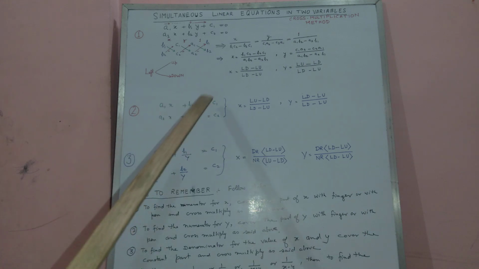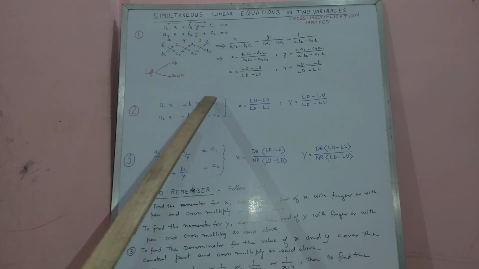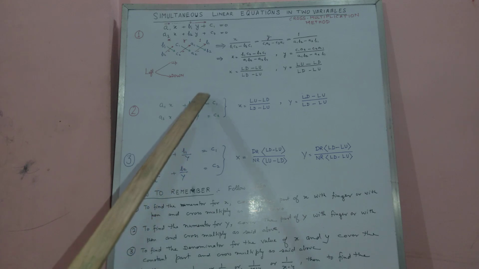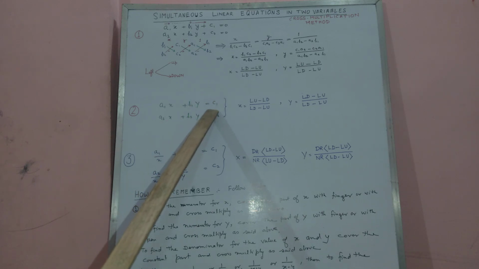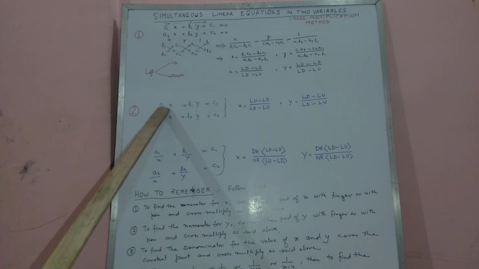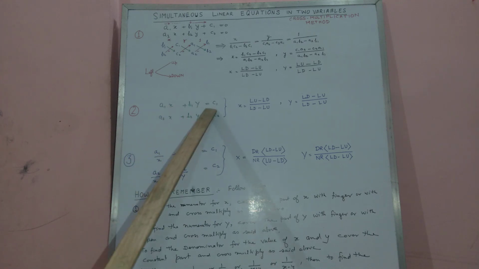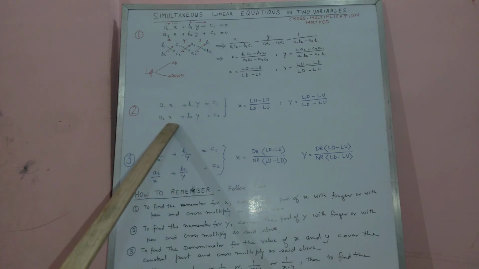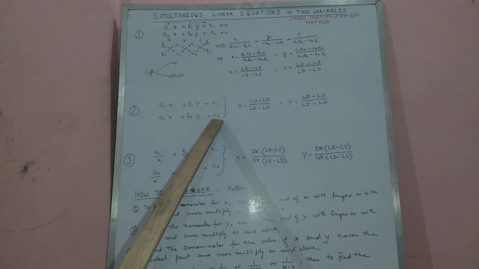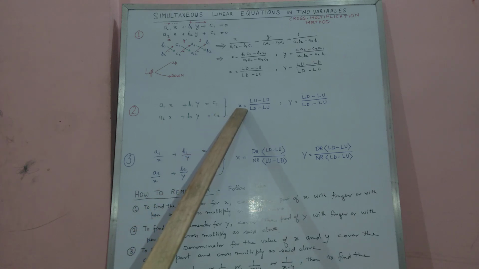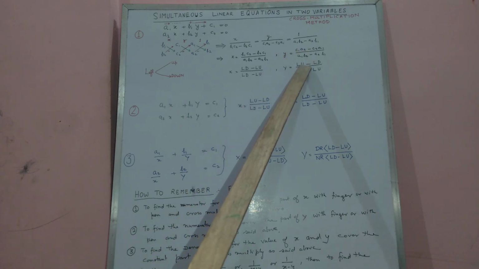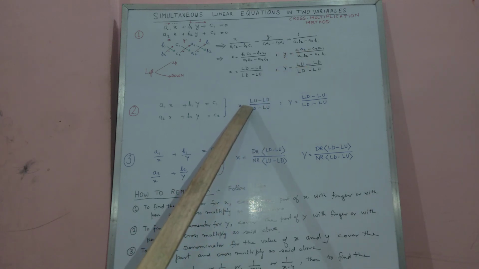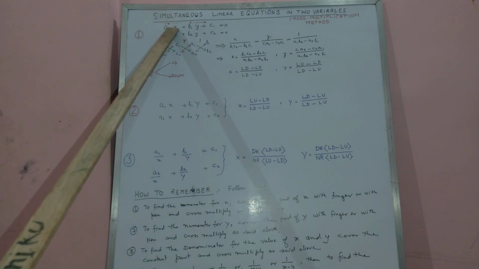And suppose the constant is on the right hand side of the equal sign. Suppose the equation is like this: a1x plus b1y is equal to c1, a2x plus b2y is equal to c2. At that time, you just follow this formula, but again you have to cover the x part.